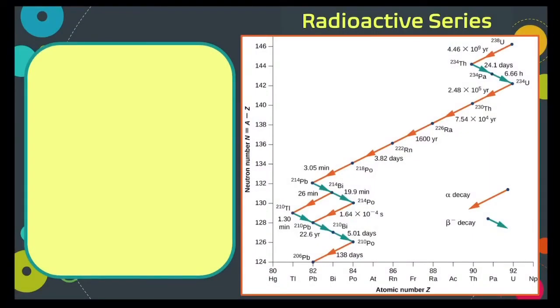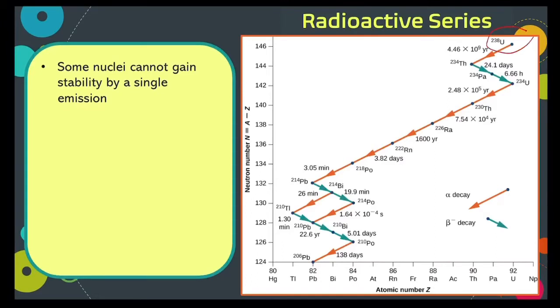This is a graph representing what we call a radioactive series. Some nuclei cannot gain stability by a single emission. For example, uranium-238 needs to undergo several alpha decay steps shown using the orange arrows, and several beta decay steps shown using the teal arrows to gain stability.